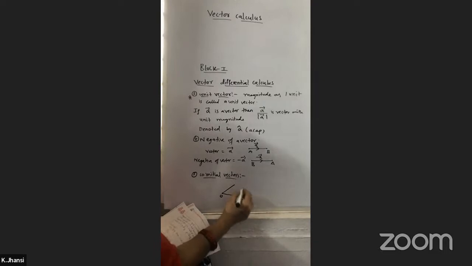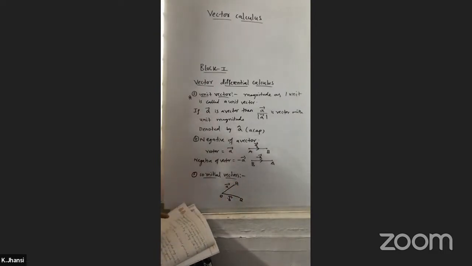This is vector A and this is vector B. So vector A and vector B have the same point as the initial point, okay? Vectors having the same initial point are called co-initial vectors.